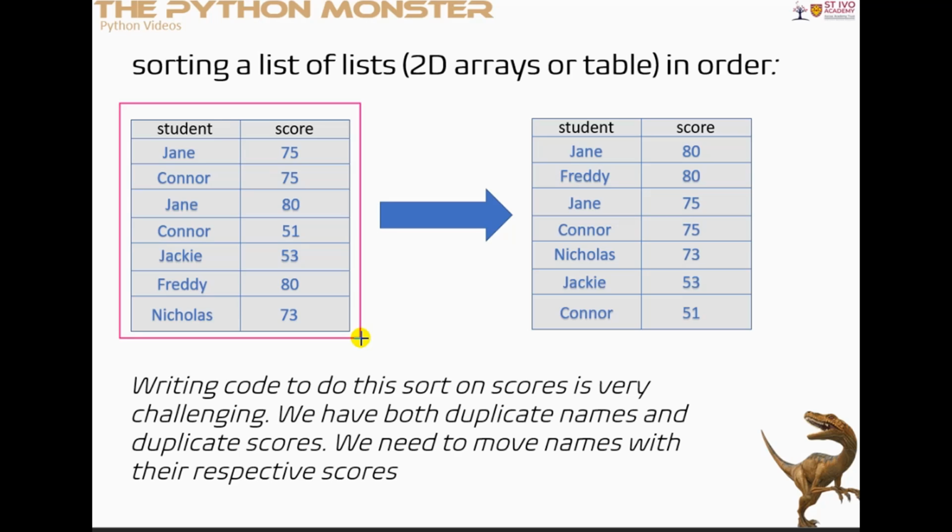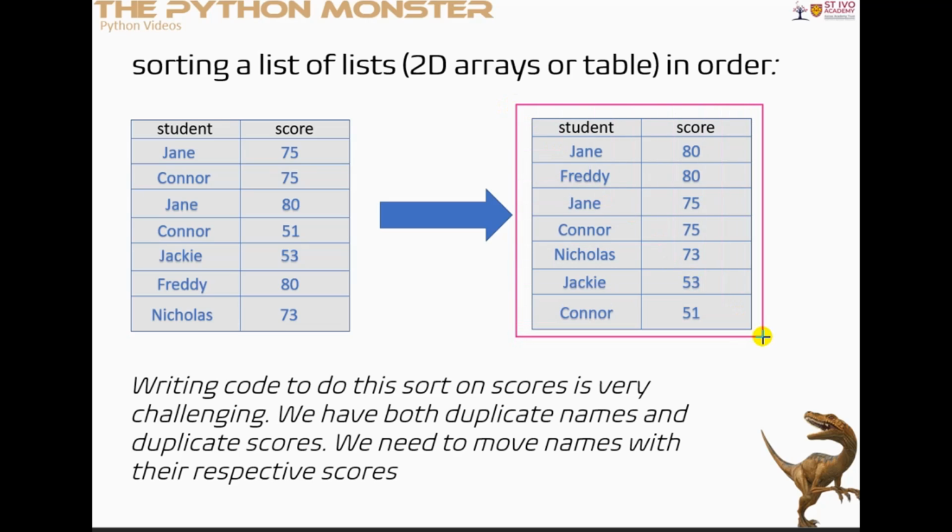Now, if we wanted to get to this situation, which is sorted by virtue of student score, guys, to write the code from scratch to do that is not trivial at all, because whilst we're busy sorting the scores, we need some way in our algorithm of making sure that whatever happens to the scores, the student names still match with the correct scores.